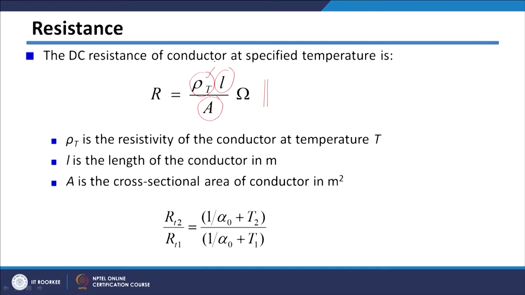So if you want to calculate resistance at different temperatures, you can use this formula. If you know the resistance at one temperature, resistance at another temperature can be calculated using this formula, where alpha 0 is known as the temperature coefficient of resistance. If that is known, resistance can be calculated at any temperature.